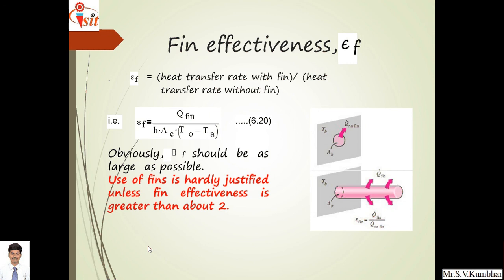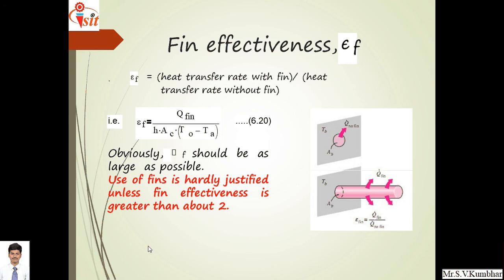Now fin effectiveness is defined as the ratio of heat transfer rate with fin to heat transfer without fin. If fin is present, then that is the amount of heat transferred, and if fin is not present, so obviously effectiveness should be as large as possible. Means what?